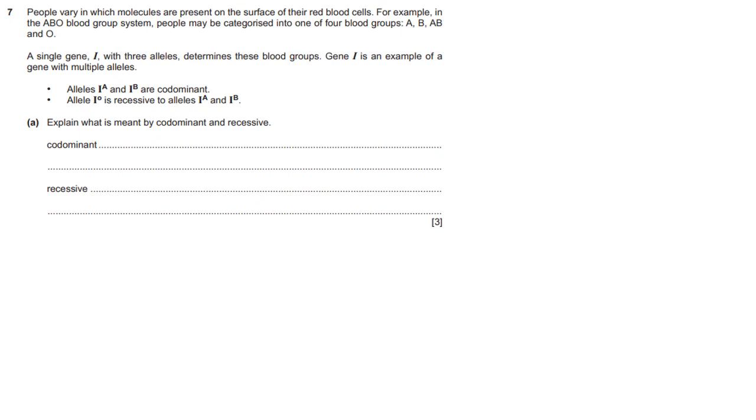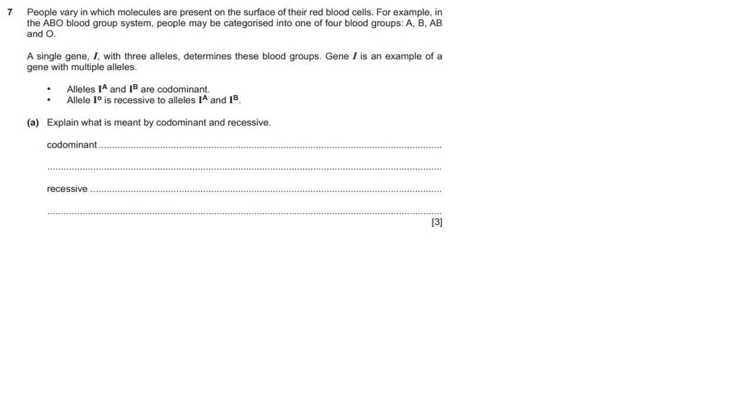So you can either be A, B, AB, or O. A single gene, which is I, with 3 alleles determine these blood groups. Gene I is an example of a gene with multiple alleles. Alleles IA and IB are codominant, which is why you can have AB. Allele IO is recessive to alleles IA and IB.